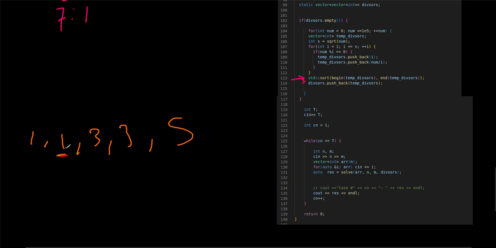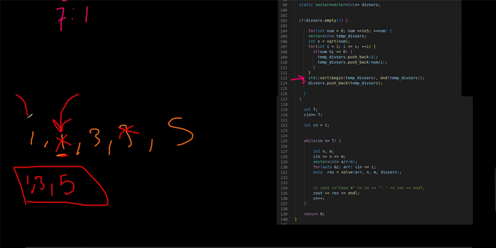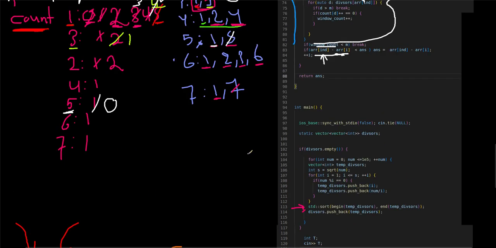So here we have 1, 1, so we can remove this one and remove this 3 and take only the unique values, and that's because all the topics covered by this student could be covered by this one, so no need to repeat the students with the same values.